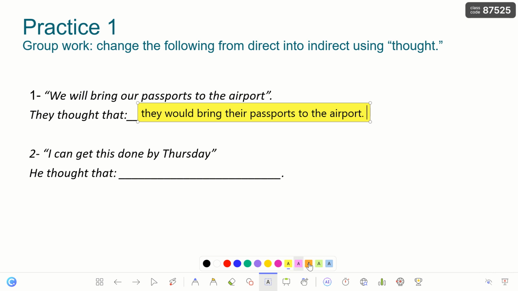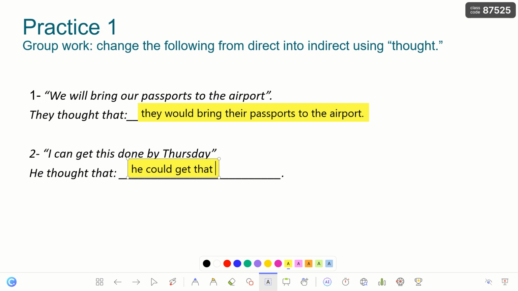So this way is easier, just to add what, instead of my handwriting. Sorry, so just excuse me for my past or previous slide. I can get this done by Thursday. He thought that he could get that done. Can becomes could.